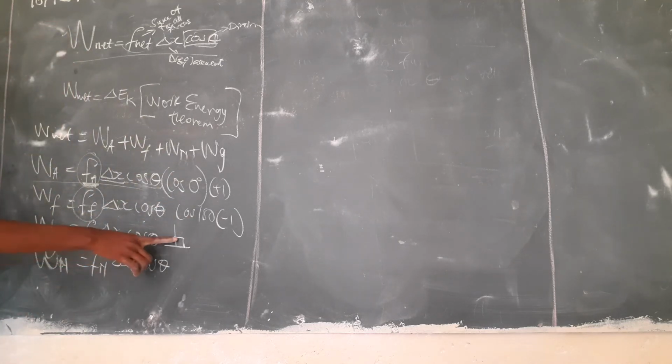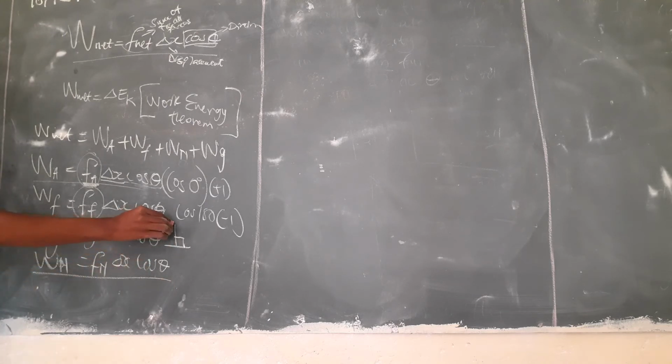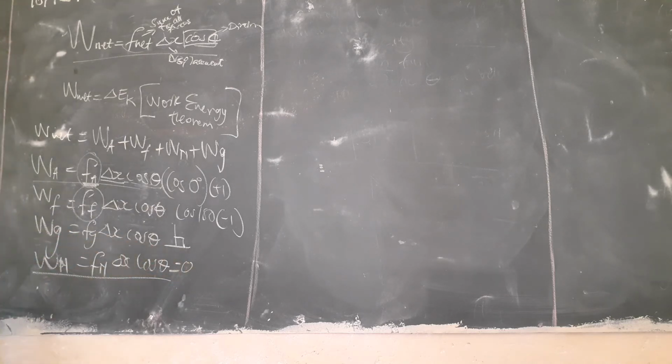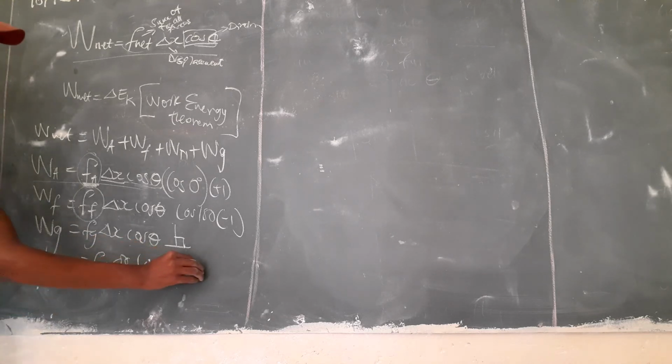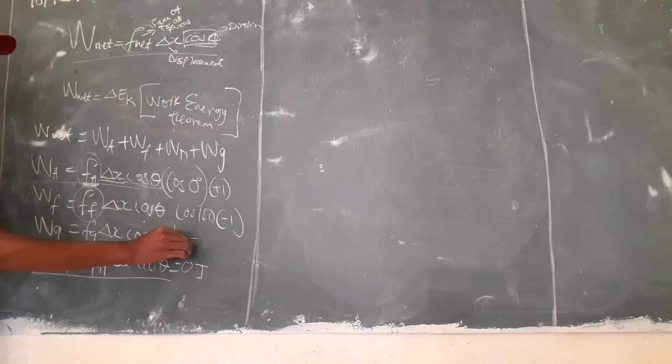So for normal, the angle it creates is 90 degrees. Therefore, work done by normal is always 0 joules. And work done by weight is also always 0 joules.